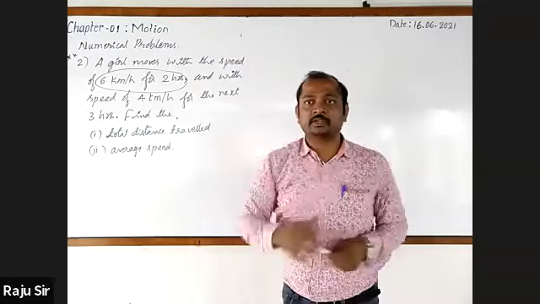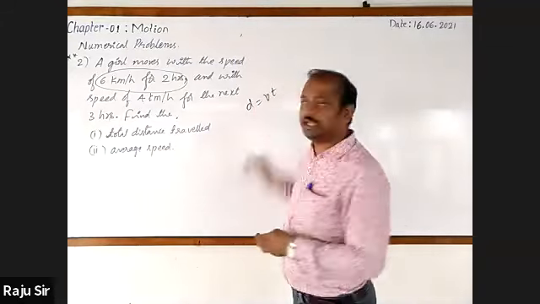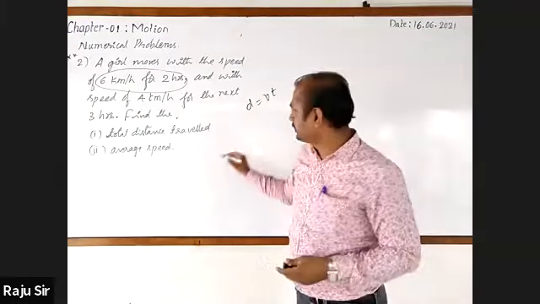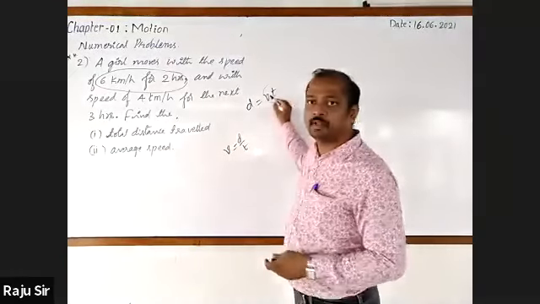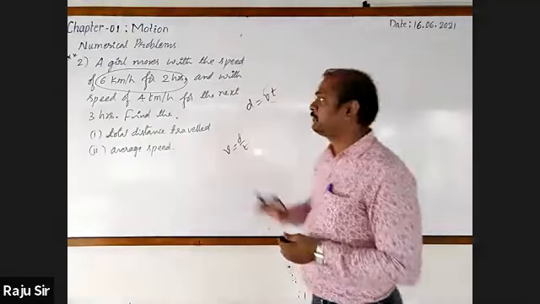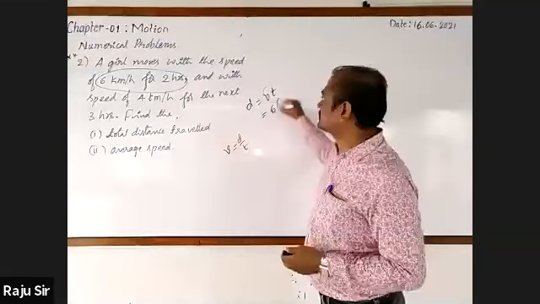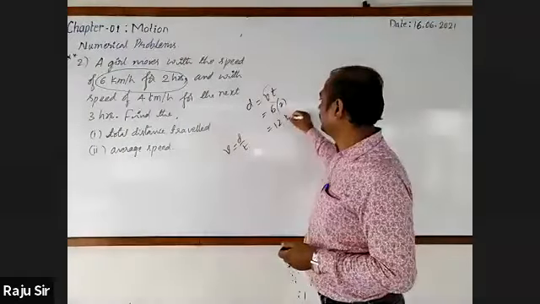As you said, the distance can be found out by using the formula D is equal to V into T. Because we know that V is equal to D by T, then D is equal to V into T. In first case, speed is 6 km/h and time is 2 hours. It will be 12 km.